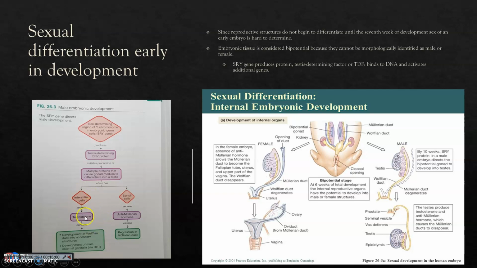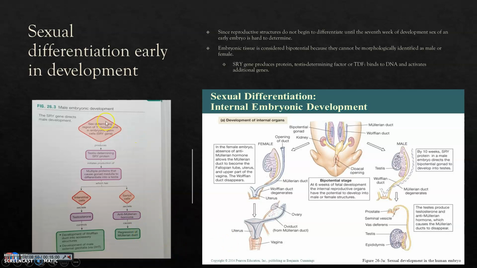And testosterone secreted by the interstitial cells is going to control development of Wolffian ducts into accessory structures, and also development of male external genitalia via DHT, which is a byproduct of testosterone, or alternative of testosterone, would you say. And then the Sertoli cells, which are secreting anti-Müllerian hormone, cause the regression of the Müllerian duct.